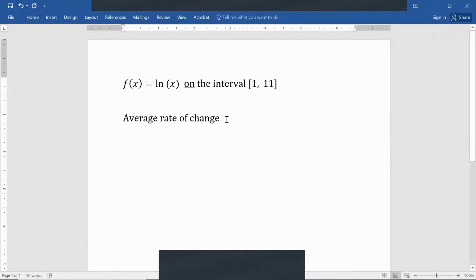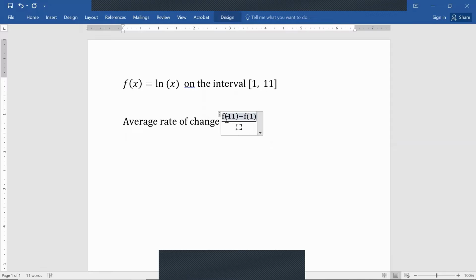The average rate of change, like always, is the change in y values divided by the change in x values. In this case, that is f of 11 minus f of 1 divided by 11 minus 1, which is natural log of 11 minus natural log of 1 divided by 10.